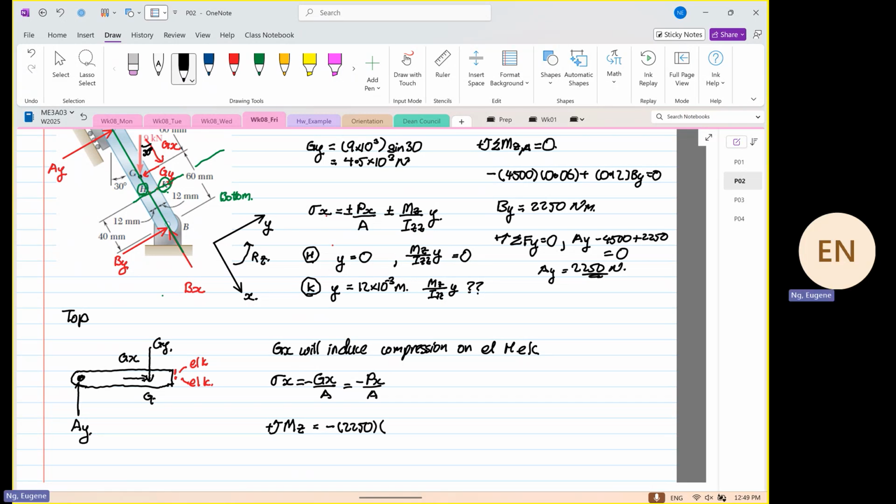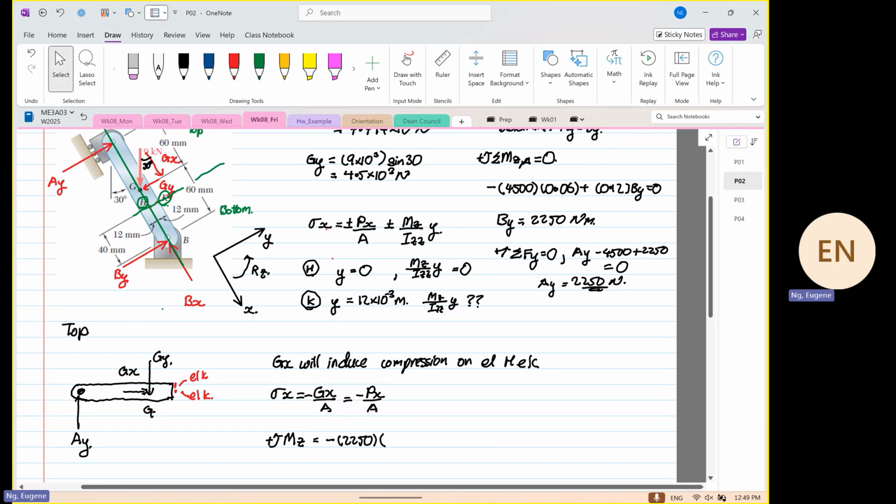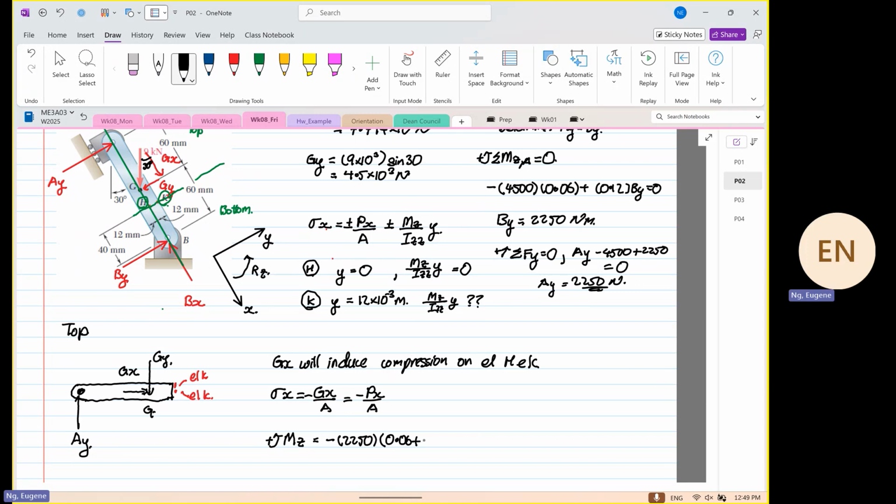multiplied by a distance of what? Multiplied by a distance of 0.06 plus By 0.02. And then we have the Gx. So Gx is equal to, also we have Gy, which is equal to 4500 multiplied by a distance of 0.02.